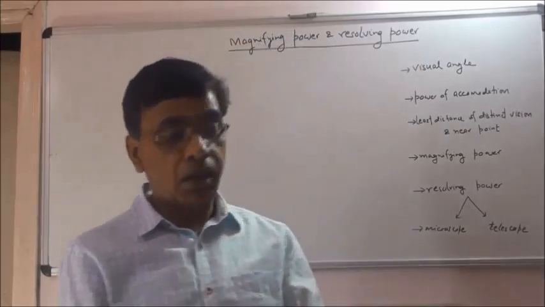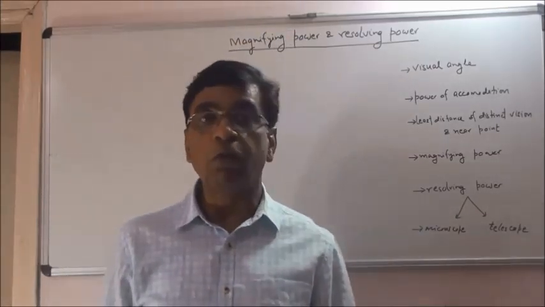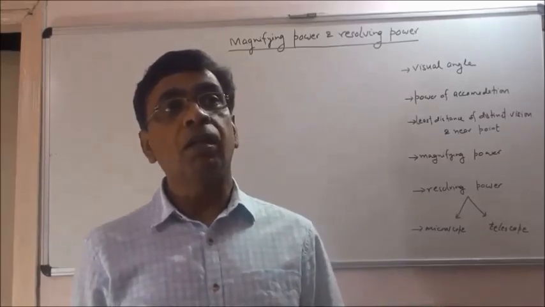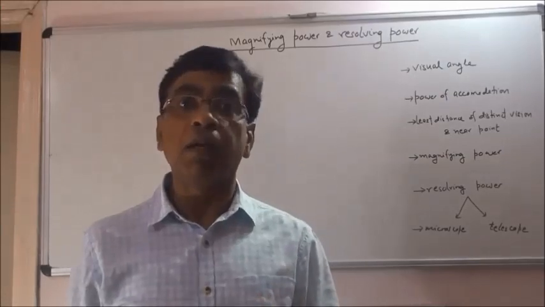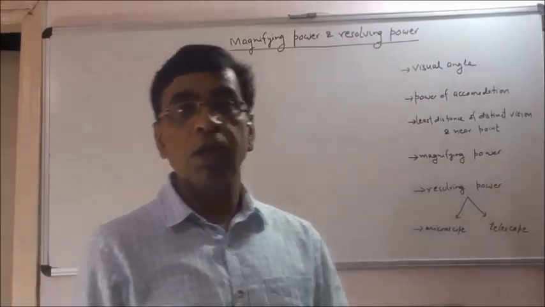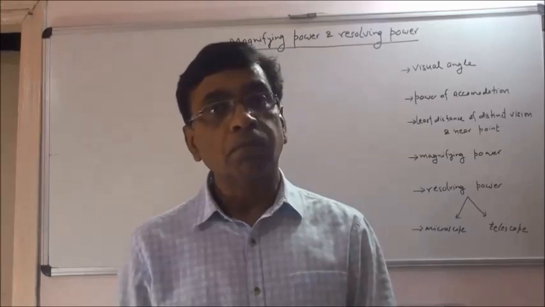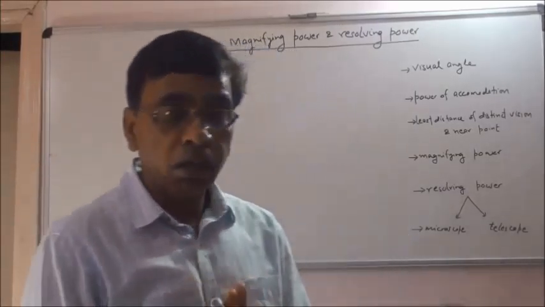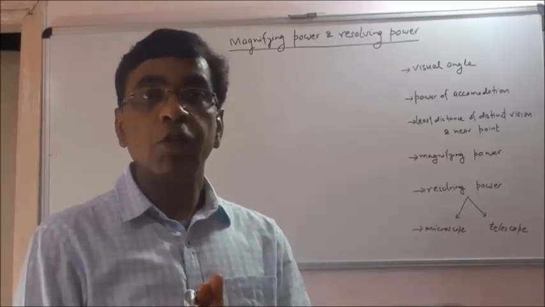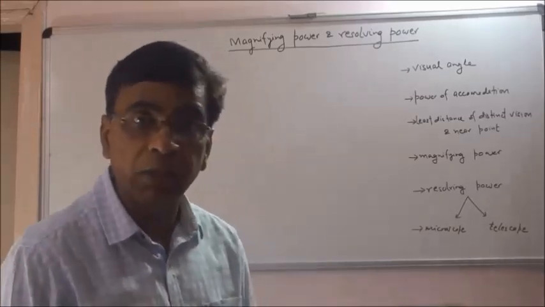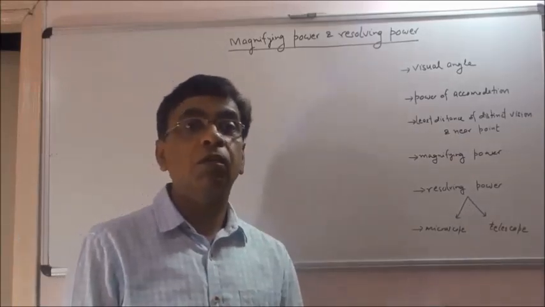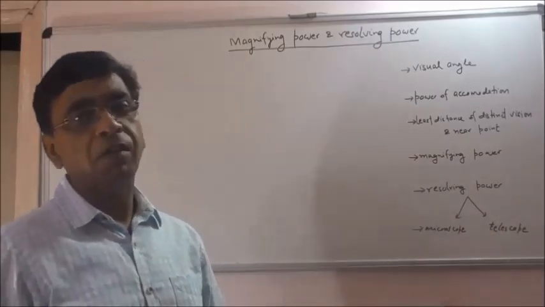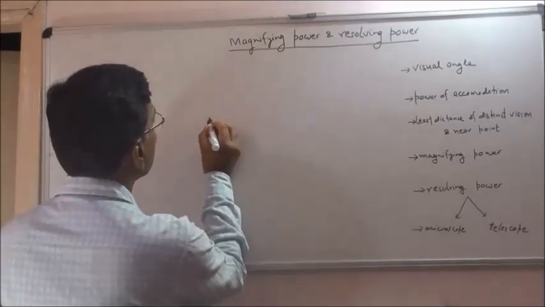In this example, I have shown you two lines drawn very close. Otherwise, it may also happen that there are binary stars, means two stars very close, but to our eye, it appears just one. So resolving power is the ability of an instrument to produce distinct images of two objects which are otherwise very close. Now for microscope and for telescope we define it slightly differently.